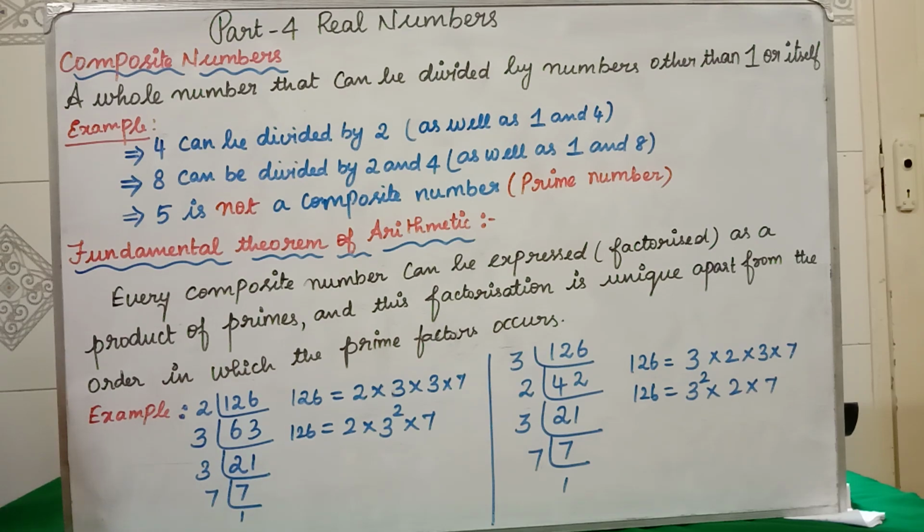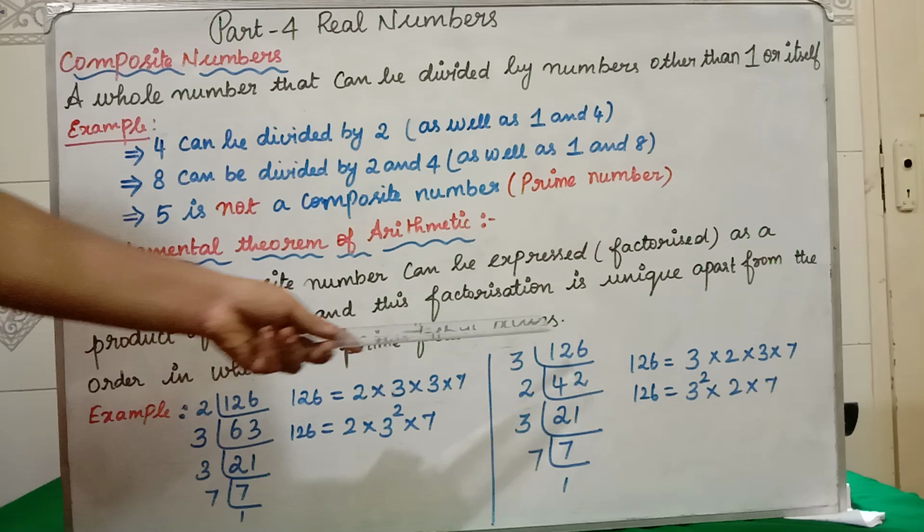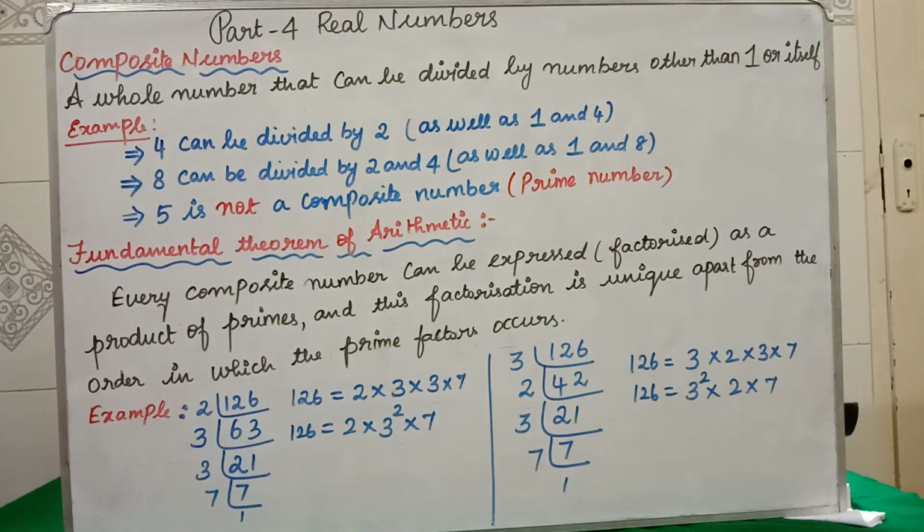Clear? Now we will see the fundamental theorem of arithmetic. Okay, what this theorem statement says, we will see. Every composite number can be expressed or factorized as a product of primes, and this factorization is unique apart from the order in which the prime factors occur.